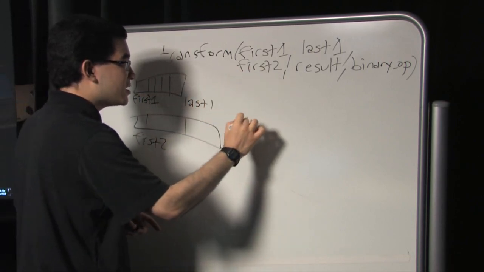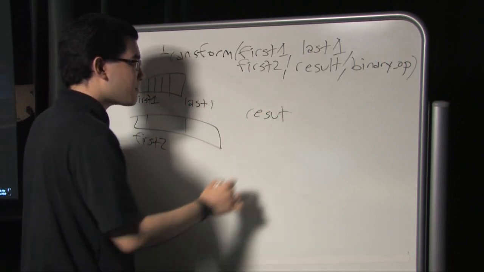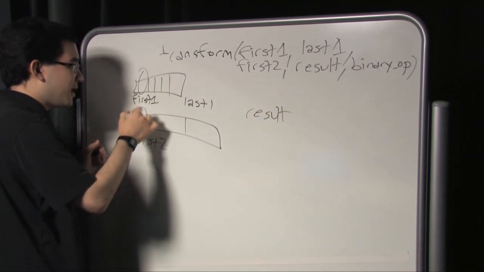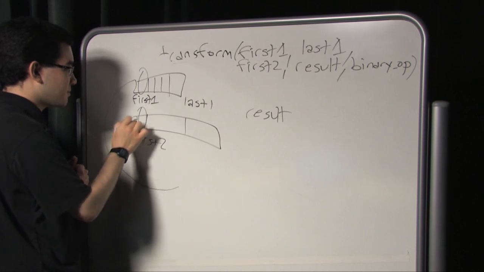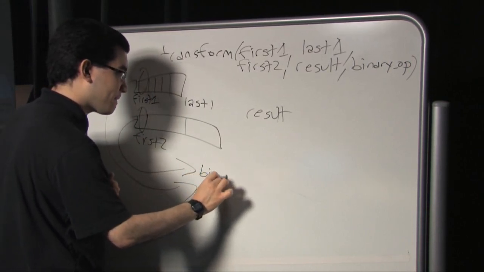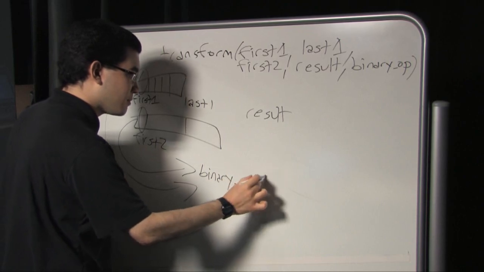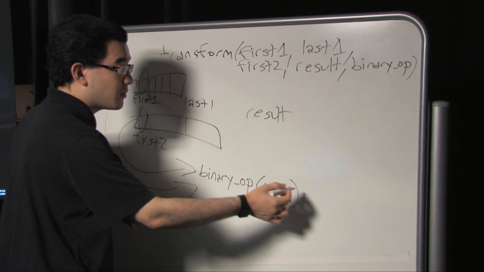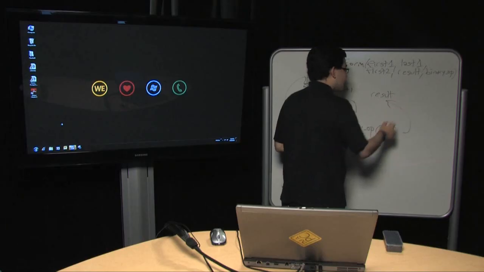Then it's going to be writing into some result, and it's going to be feeding elements in pairs like this to binary op, element X from the first sequence, element Y from the second sequence, and then writing them into the result.